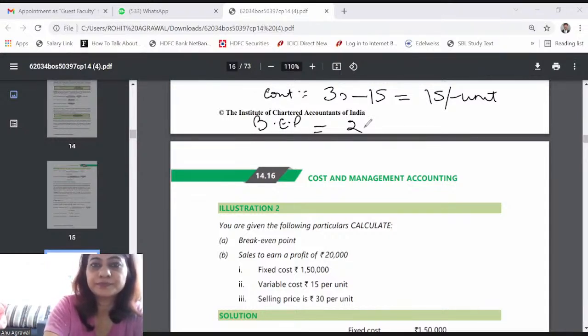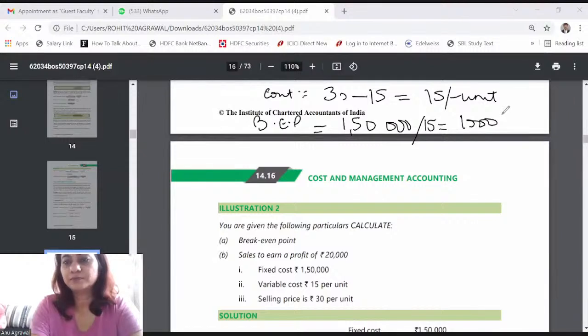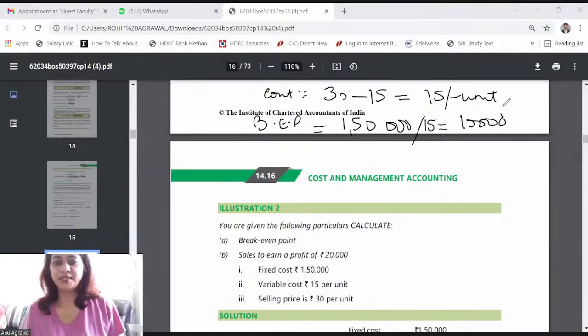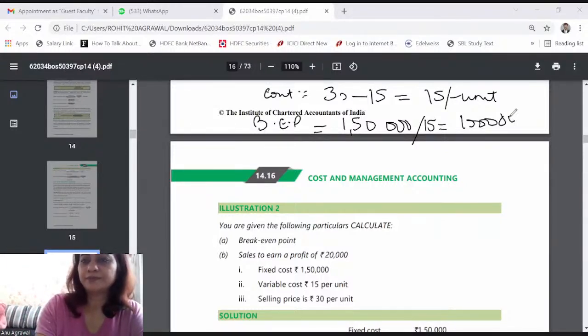Fixed costs 1,50,000 divided by 15. Yes or no? 10,000 units. Any problem till here? 1,50,000 divided by 15 gives you 10,000 units. This is your break-even point.